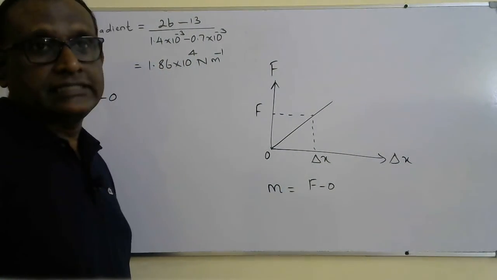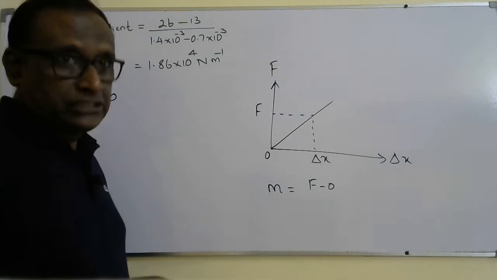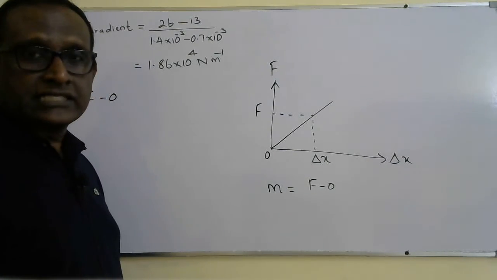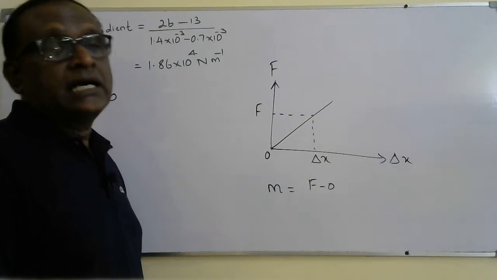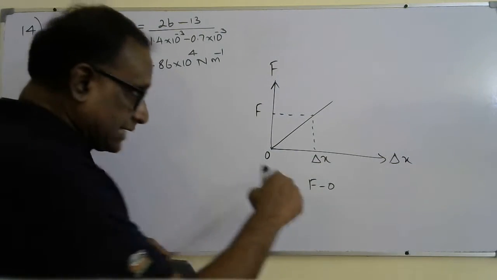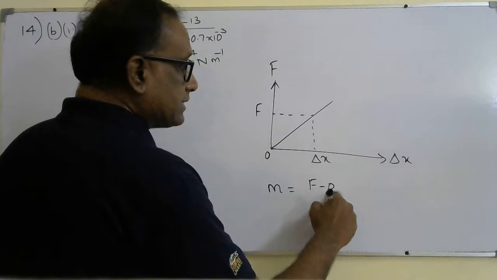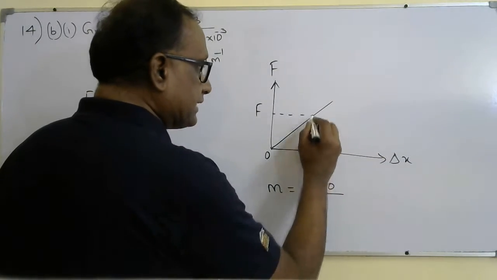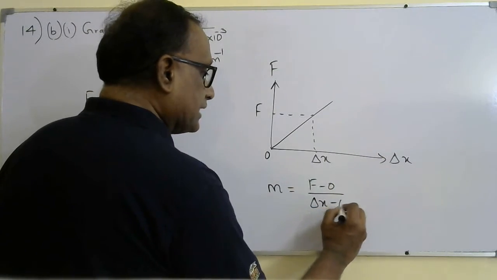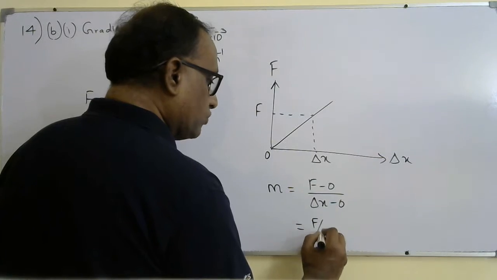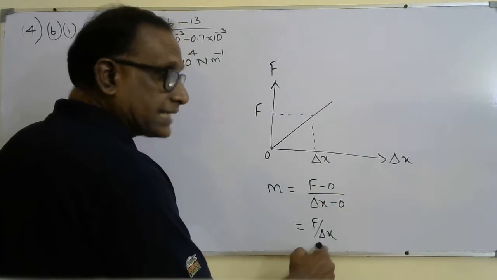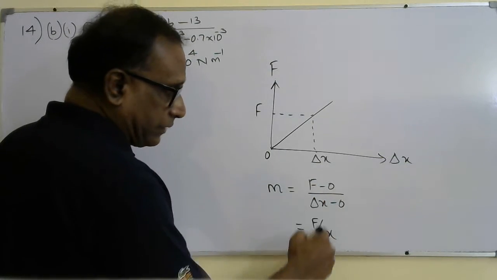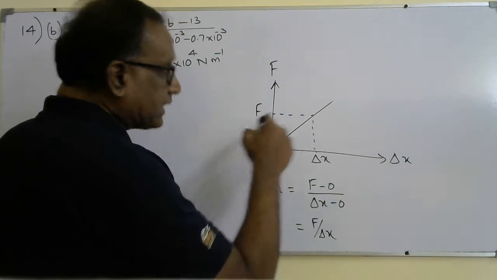I didn't take the origin in my answer, but it should be taken because the graph is a straight line through the origin. So rather than change in force over change in extension, I can say force minus 0 over extension delta x minus 0, which means force over delta x. A particular force divided by the relevant extension gives the gradient.